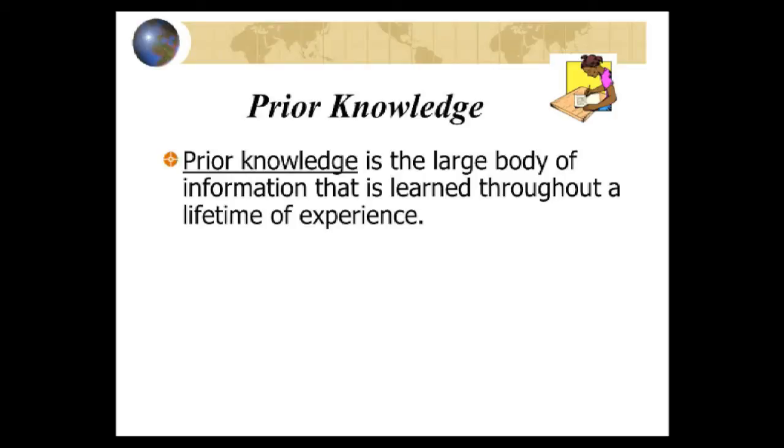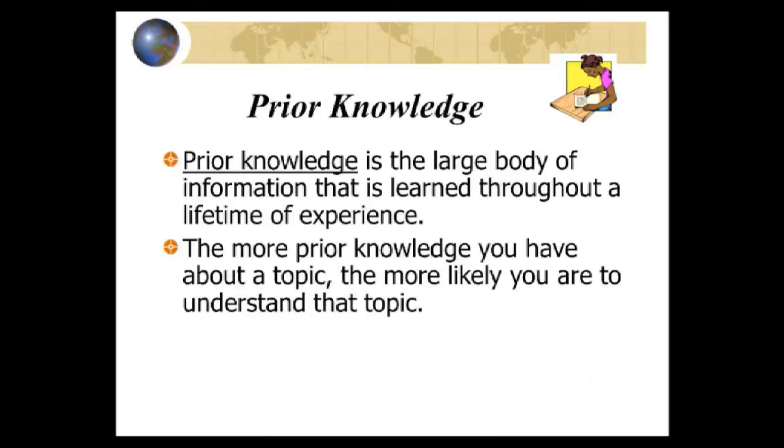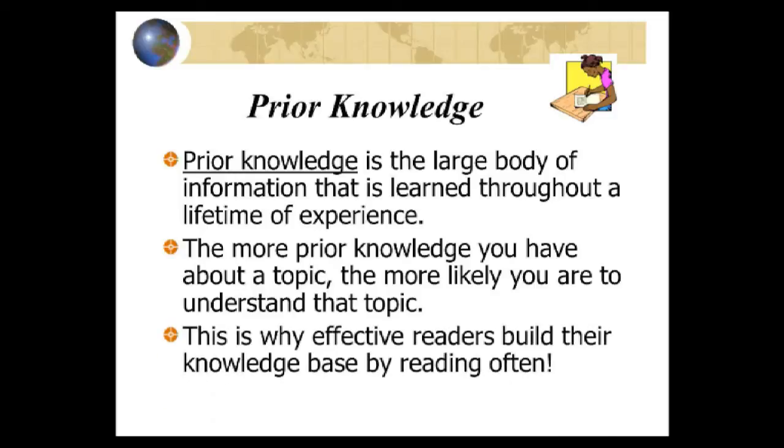Short and simple, prior knowledge is what you already know. You might have experienced it, what you've learned, but it's what you already know from your past history. And this just kind of tells us the more prior knowledge we have about a subject, the more likely we are to understand it. Because if I know about a topic, then I'm reading about it, my prior knowledge gives me the ability to understand that information.